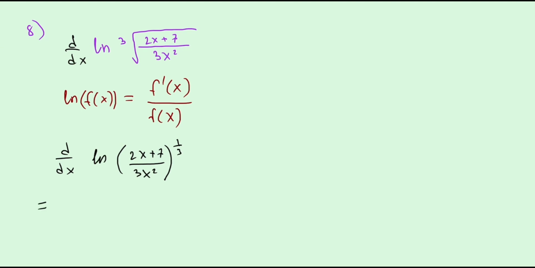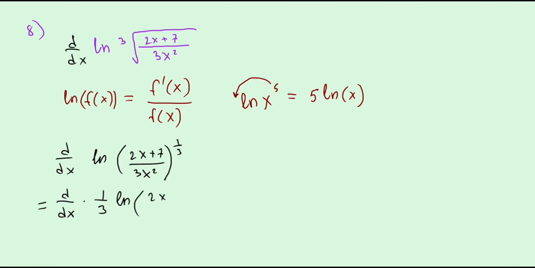There's a rule for natural logs where natural log of x raised to a power 5, this power could be brought out of the function. So we will get 5 times natural log of x. In this case, we could take out the 1/3 to the front, and we're going to have the rest here.